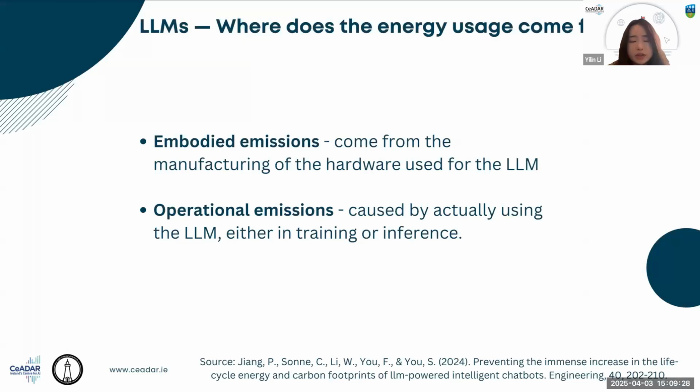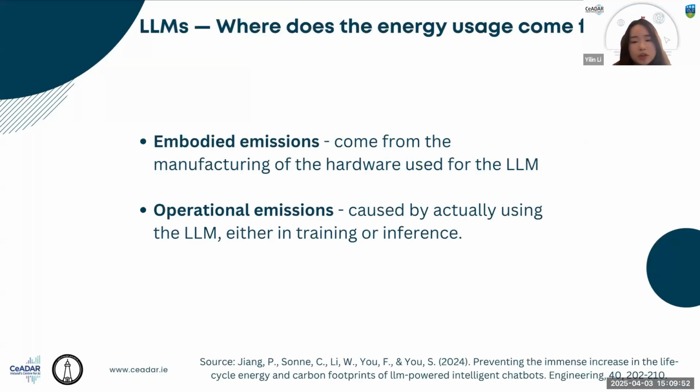So now let's focus on the large language model. To understand the full carbon footprint of a large language model, we need to look at two main sources of emission. The first is the embodied emission, and the other is the operational emission.